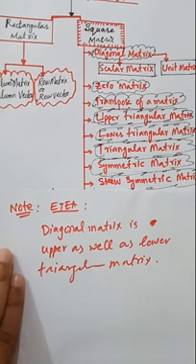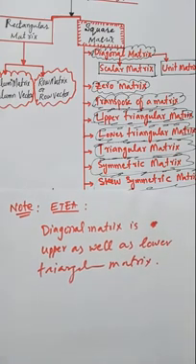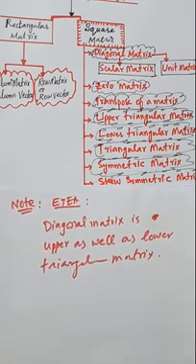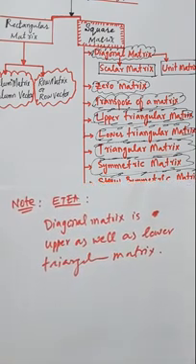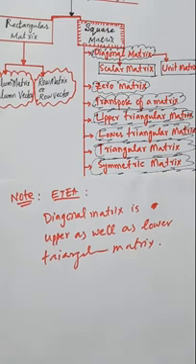So this is an important point. Every diagonal matrix must be a triangular matrix because it is also an upper triangular matrix as well as a lower triangular matrix. So you can simply say a diagonal matrix is a square triangular matrix.